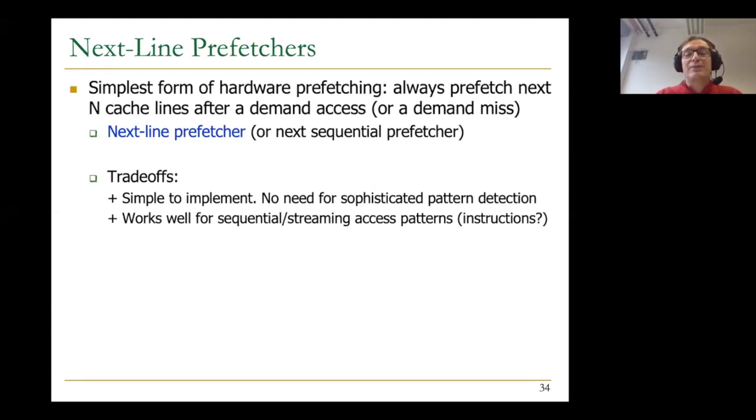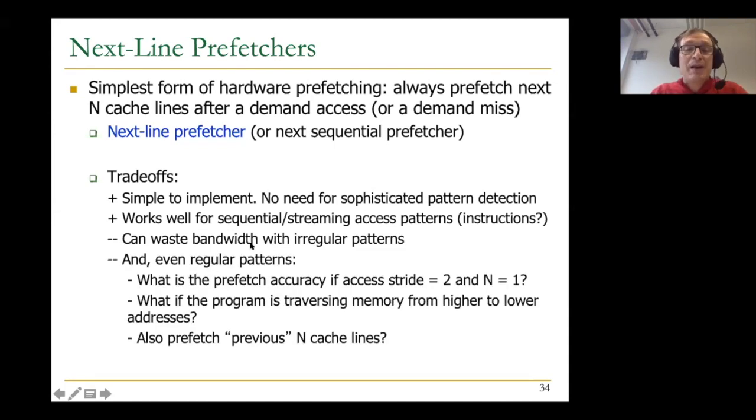But they may not work very well for irregular access patterns, clearly. As I said, it can waste bandwidth in irregular access patterns. Let me give you some example patterns. Let's assume that you're accessing memory randomly.